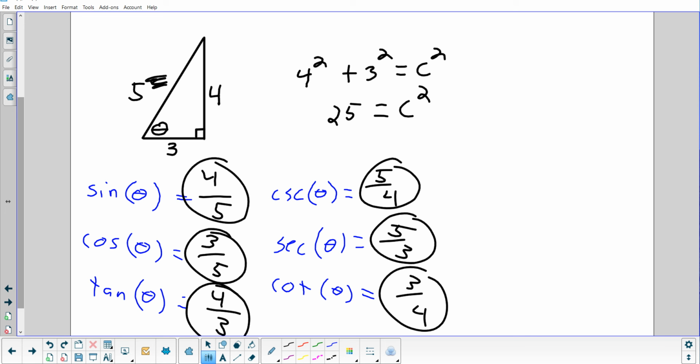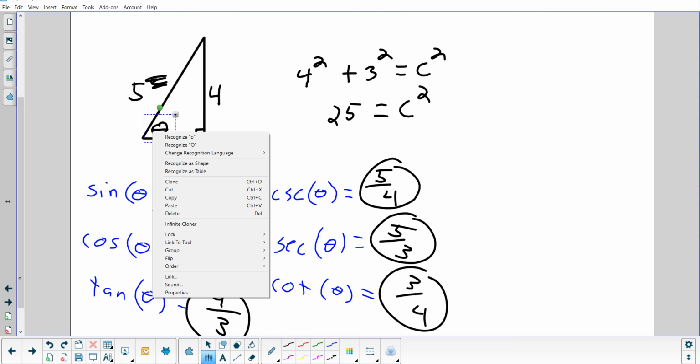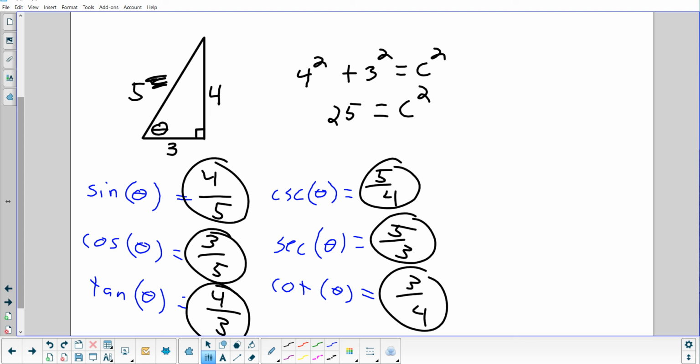Now, in that problem, just to point out what we didn't do, we didn't find the size of this angle. We found out 6 things about this angle: the sine, the cosine, the tangent of it. But what we still don't know is theta. If we wanted to get theta and figure out the size, we'd have to get rid of the sine function.